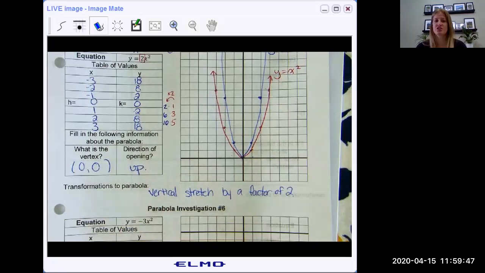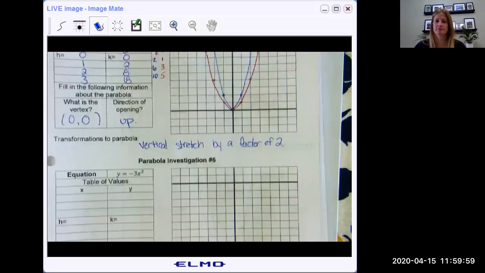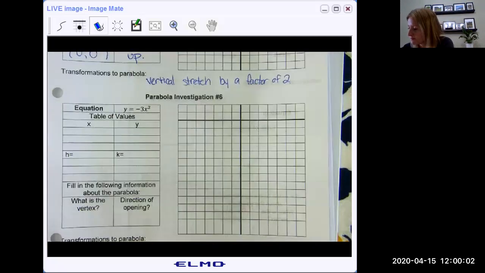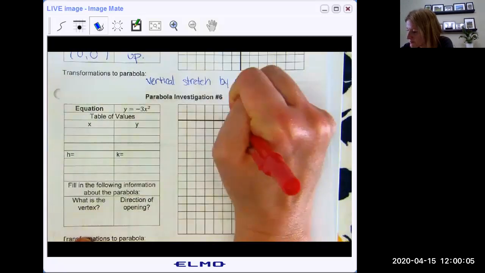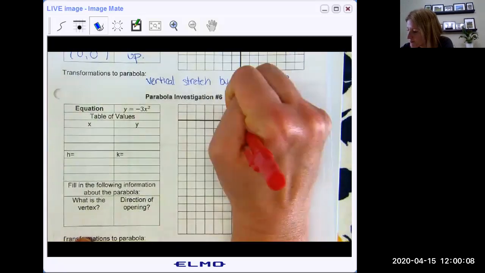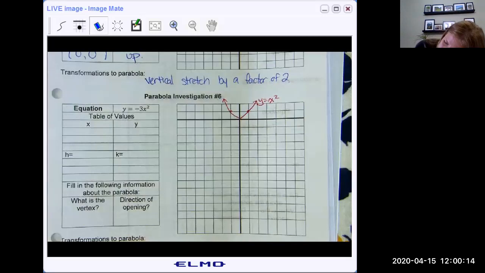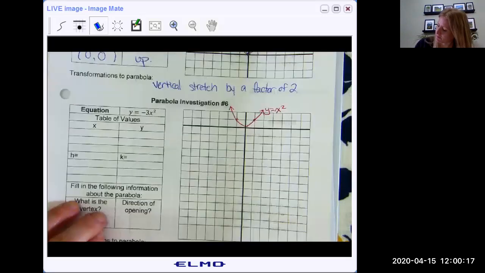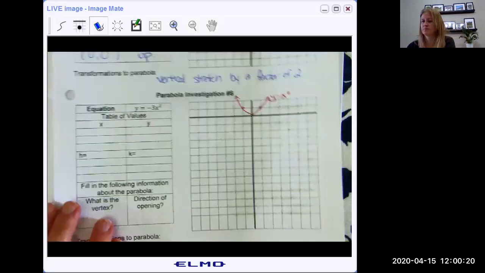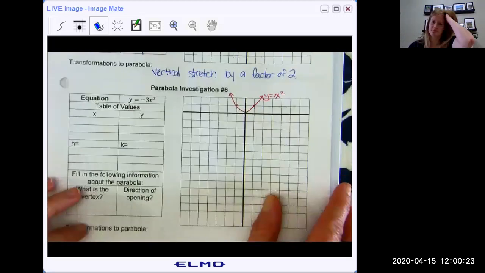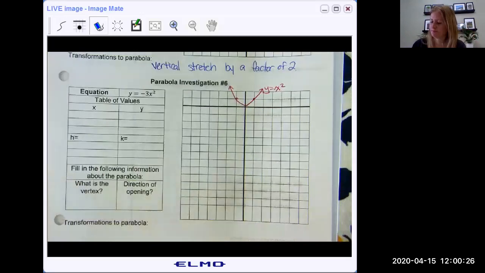Go ahead and work through investigation number 6, please. Start off, figure out what the vertex is.